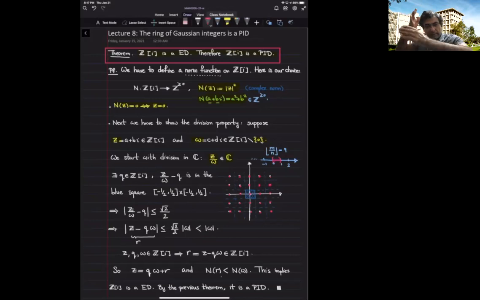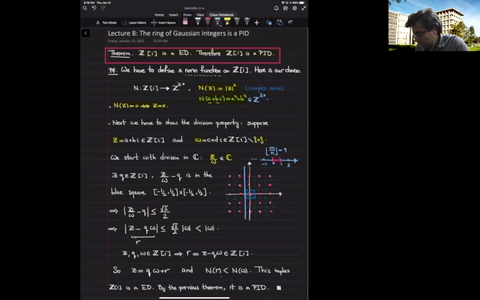Or in general, I can look at the shifts of this blue square and end up getting a tiling for the plane, a tiling by squares.